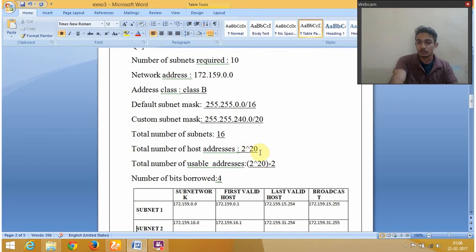The 20 is the number of host bits remaining. And the number of bits borrowed is 4.